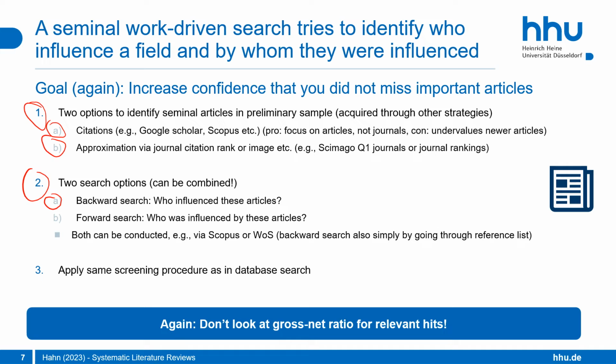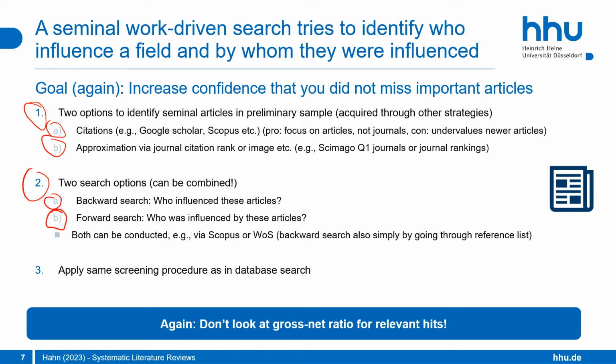So you actually have a look at the reference list of these papers, and go through the reference list piece by piece and have a look who do these seminal articles cite, and are these then somehow relevant for my topic as well.